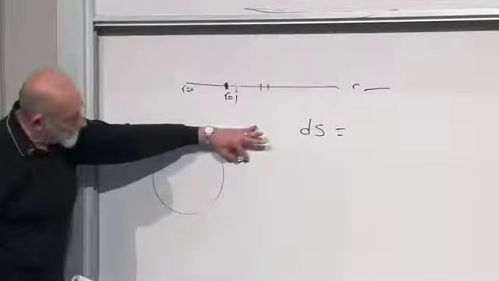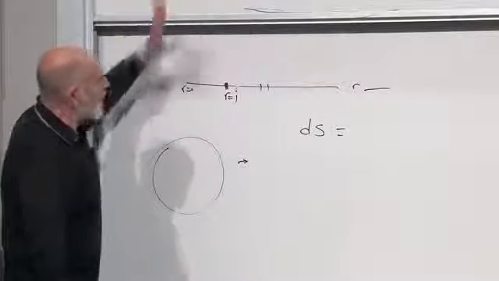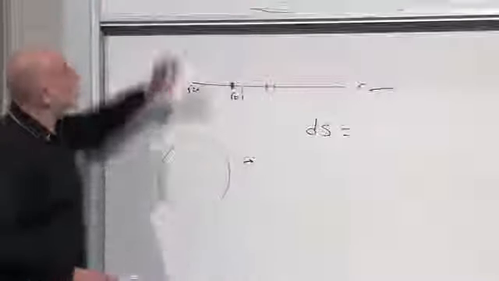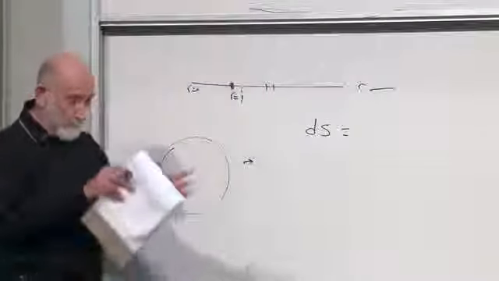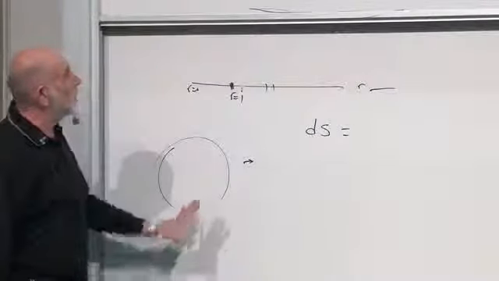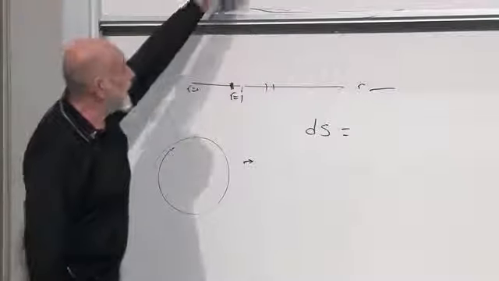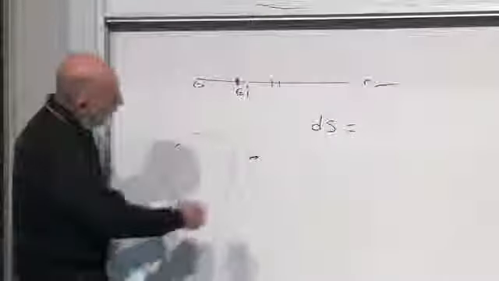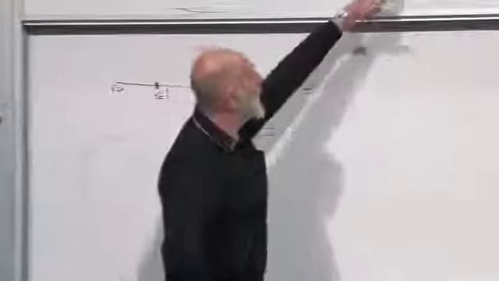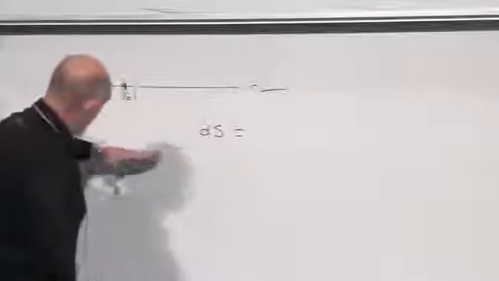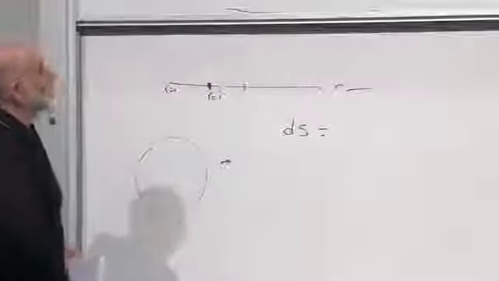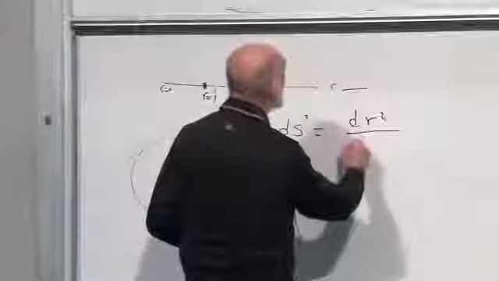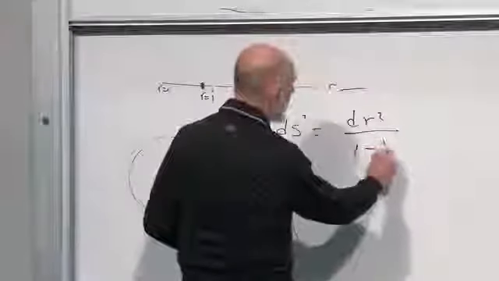I'm not literally moving, I'm just displacing a point without changing the time, comparing 2 points at 2 different distances from the black hole at the same time. So dt from here to here is 0. And furthermore, I'm not changing the angle, I'm just moving radially. So d omega is equal to 0, no change in angle. And that means that ds squared is just equal to dr squared over 1 minus 1 over r.